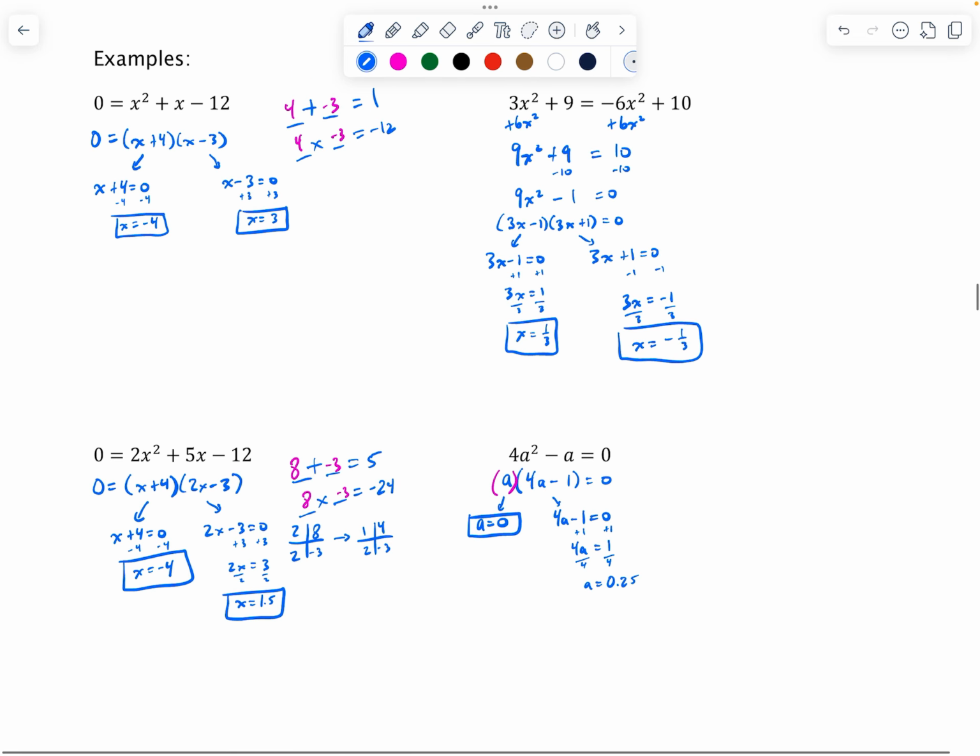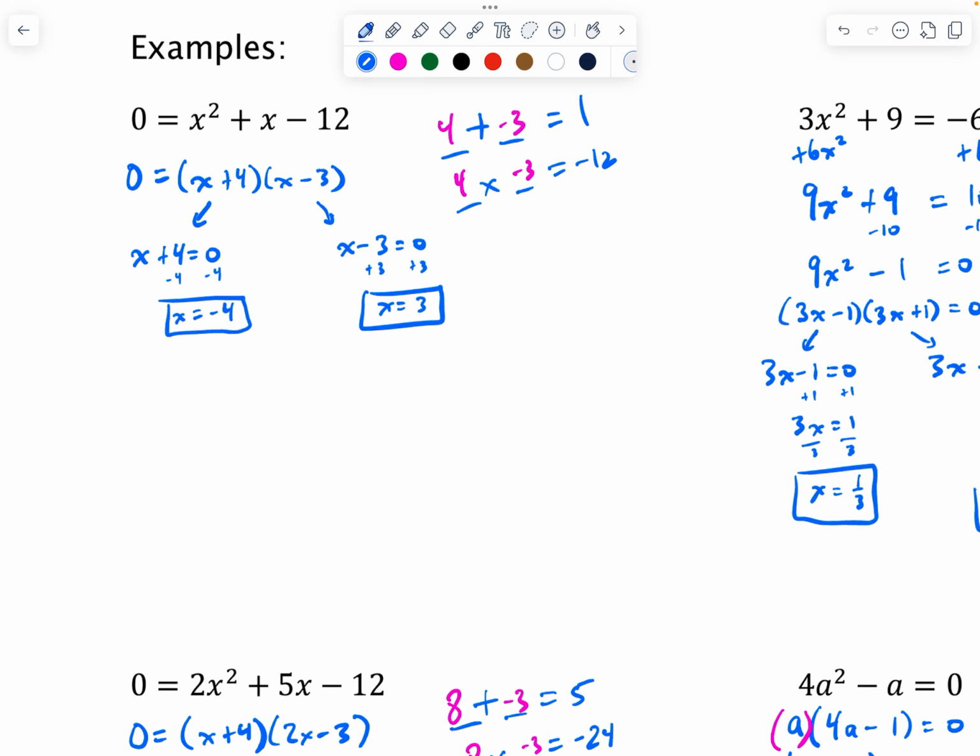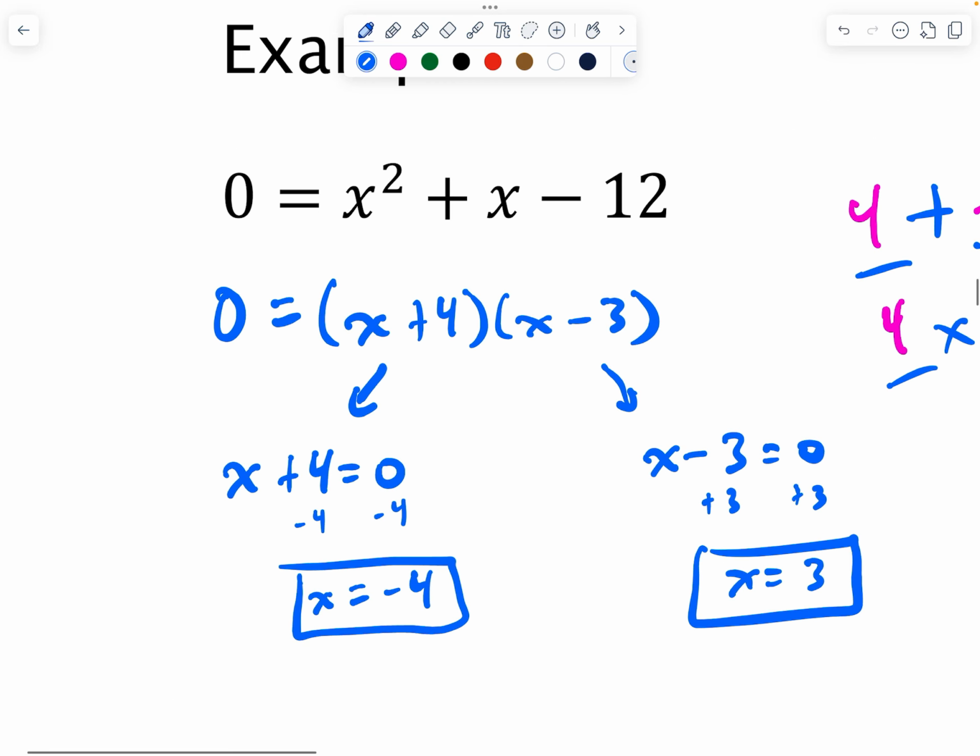At the heart of this whole thing, by the way, I'm not sure I aced explaining this, but the reason why this step works right here, where we set either product equal to 0, is simply that think about what happens when I plug in negative 4 into the equation. If I put negative 4 in there, I get negative 4 plus 4, which is 0.